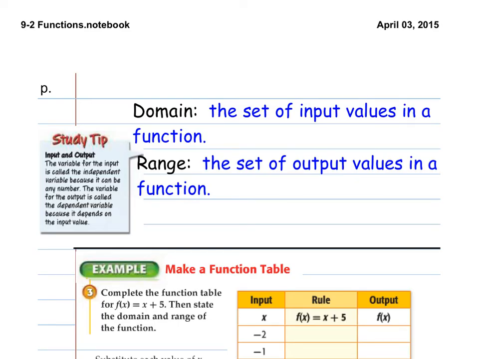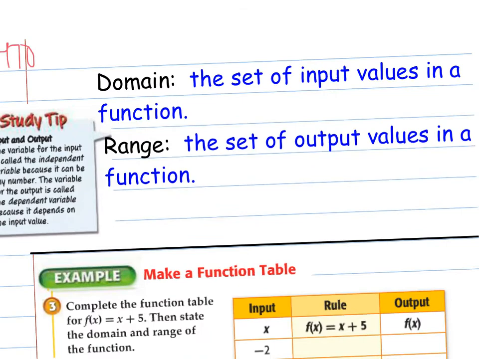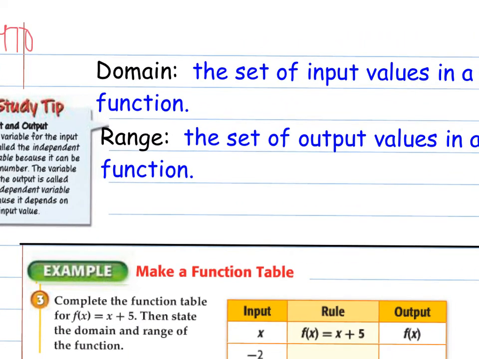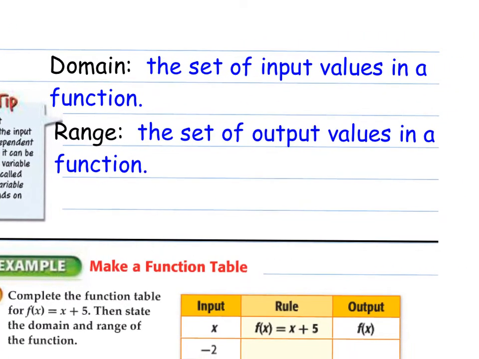Some keywords, and this is starting on page 470, I believe, include domain and range. The domain is your input values, and those are your x values. The range is the output values. Sometimes you see them as y, and in this case today we're going to see them as f of x, what we get out for the function when we plug in x.